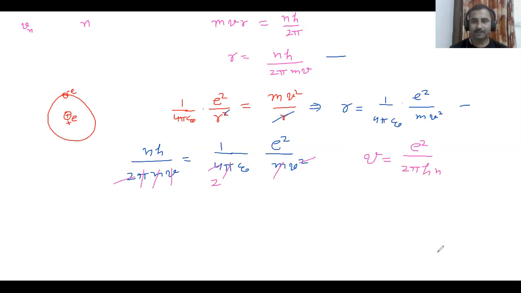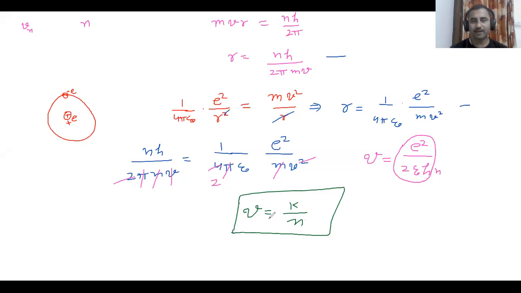Here we can see that there is no 2 pi, it is 2 epsilon naught, right? So here we have e square upon 2 epsilon naught h, and e square is a constant, this term. So we can reduce this to another constant, let us say k. So v equals to k upon n. This is the necessary relationship between velocity of the electron and the principal quantum number of the hydrogen atom.